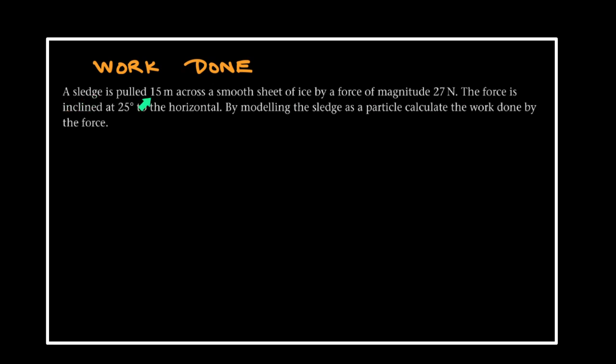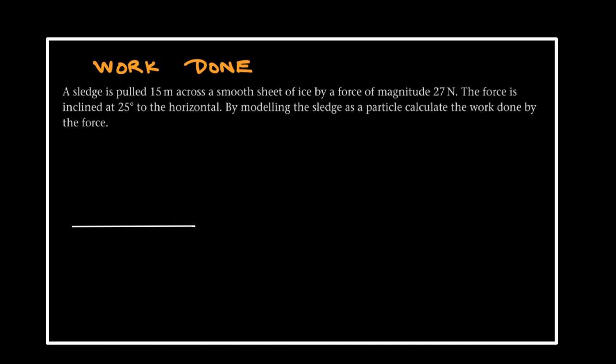A sledge is pulled 15 meters across a smooth sheet of ice by a force of magnitude 27 Newton. The force is inclined at 25 degrees to the horizontal. By modeling the sledge as a particle, calculate the work done by this force. So first of all, let's draw the floor, which is an ice floor.